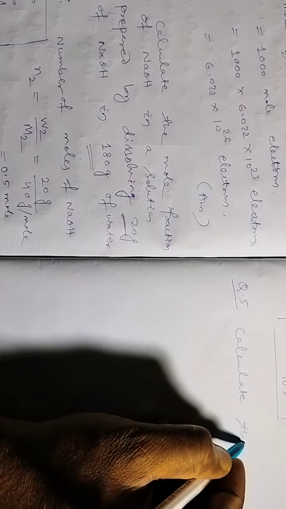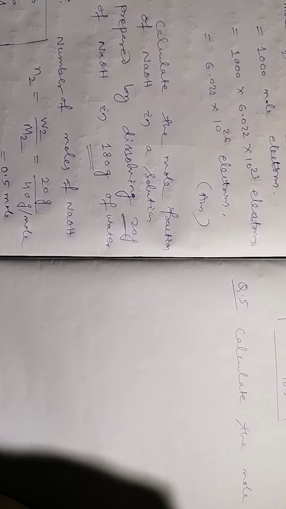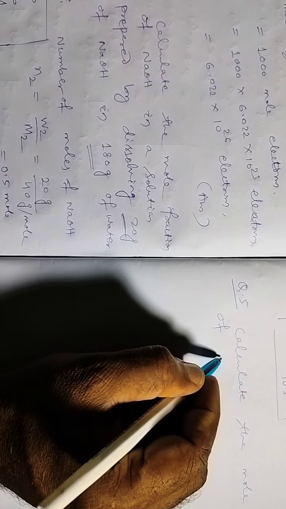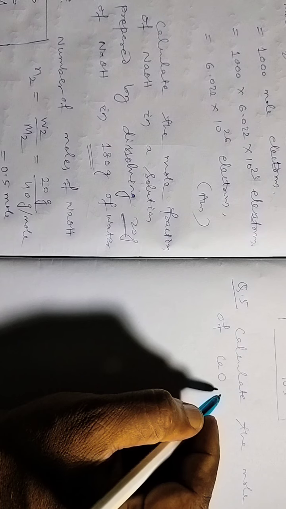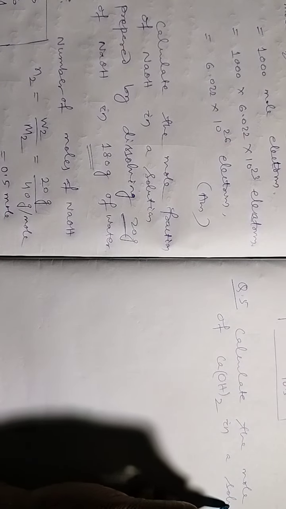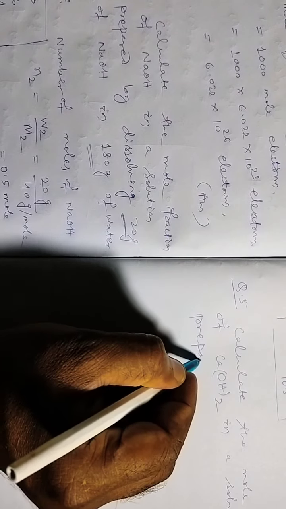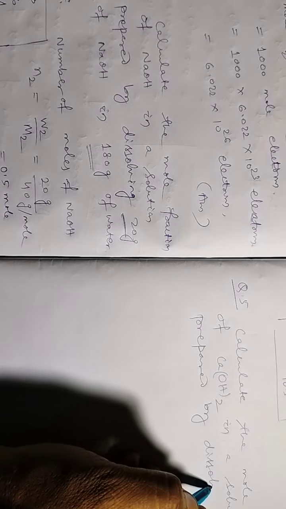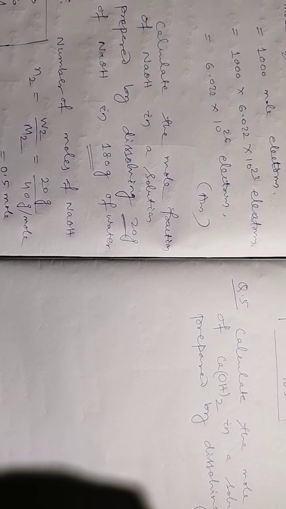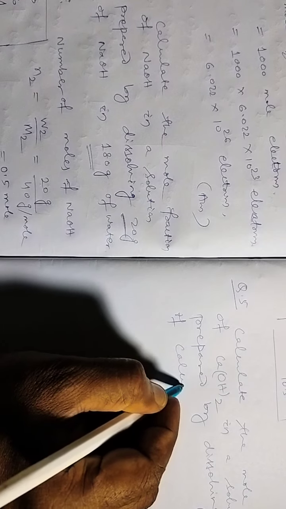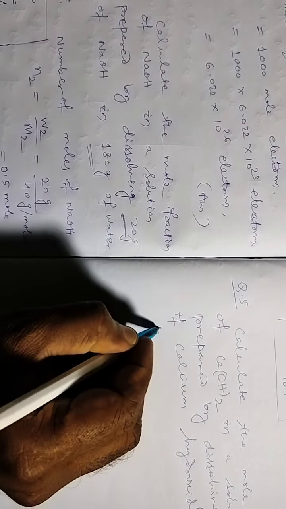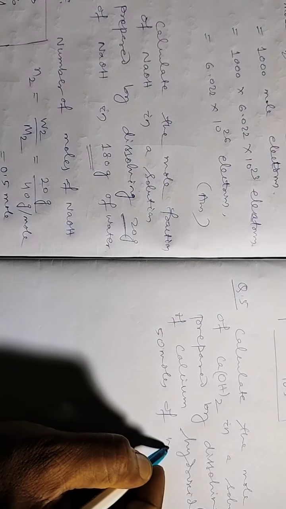Calculate the mole fraction of calcium hydroxide in a solution prepared by dissolving 2 moles of calcium hydroxide in 50 moles of water.